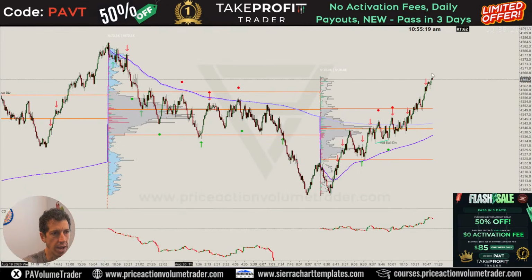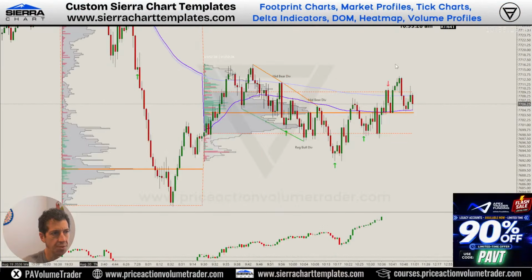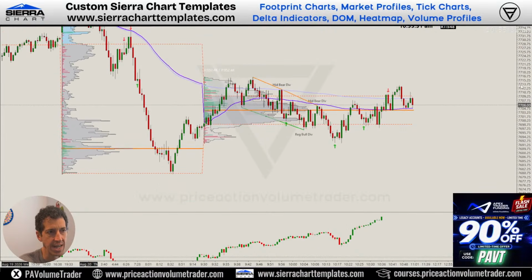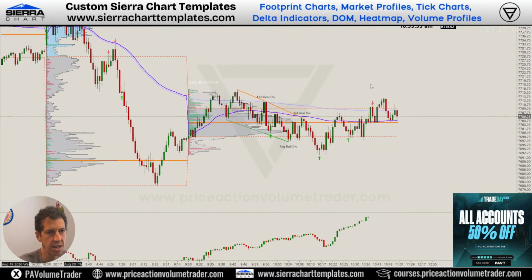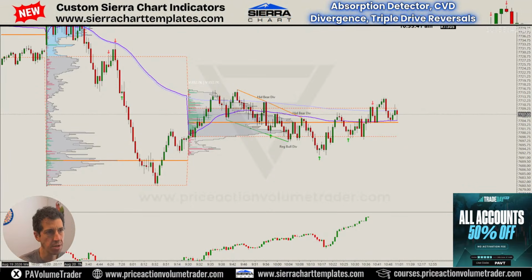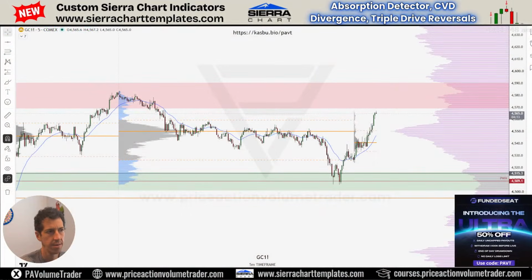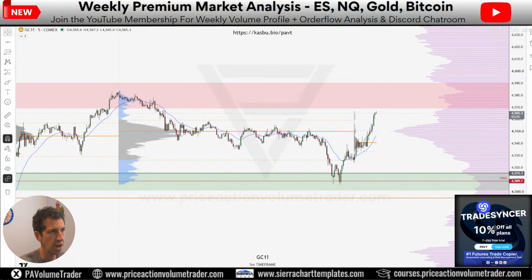The way I came about my 3,000 ticks on ES and 1,500 ticks on NASDAQ was that I was looking for a chart similar to a 1 minute time frame, but that would still give me more detail. Save any changes. I'm just going to open back up my regular Sierra charts.